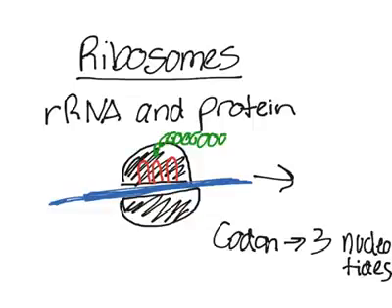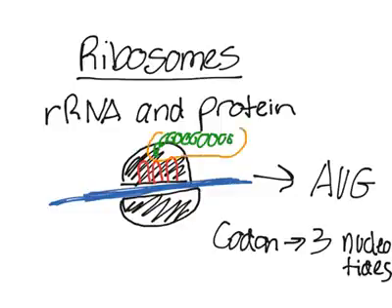And the start codon is always AUG. And then eventually it'll reach a stop codon, and the sequence of amino acids essentially just breaks off. So this whole chain right here just breaks off and then folds into a protein.